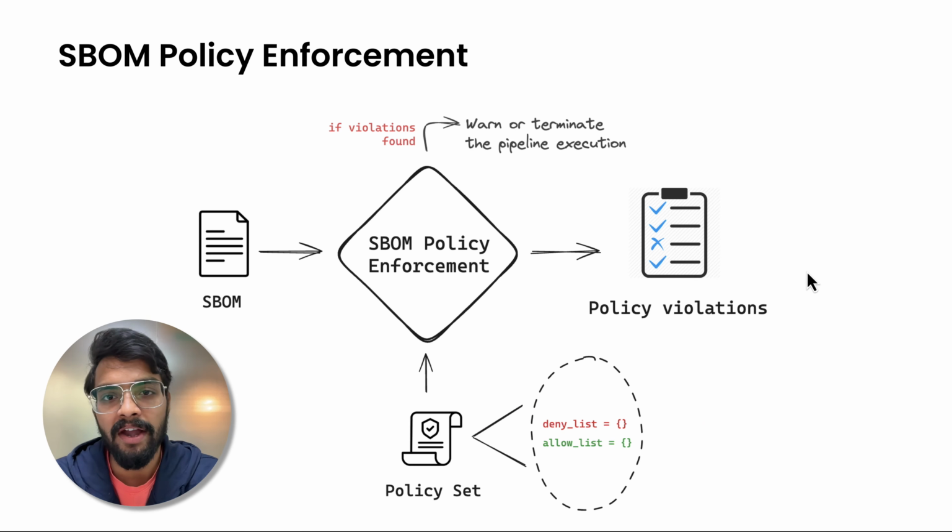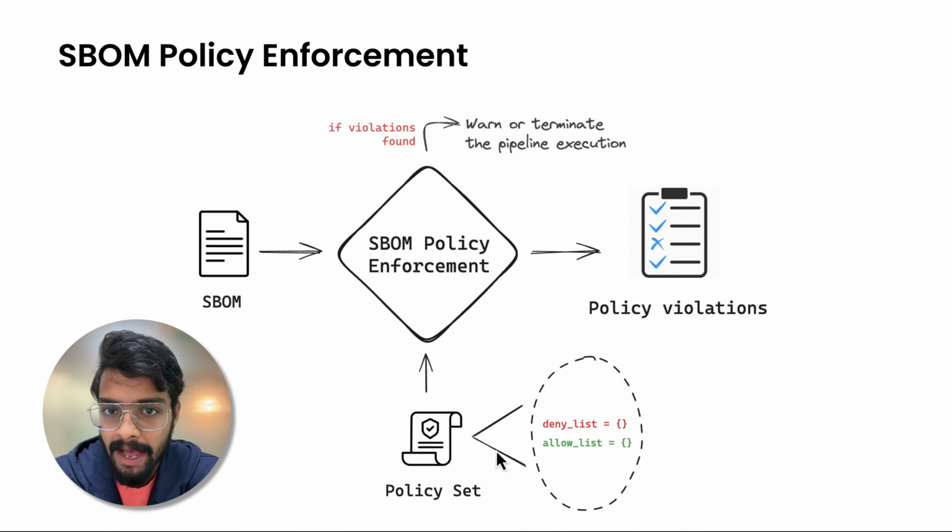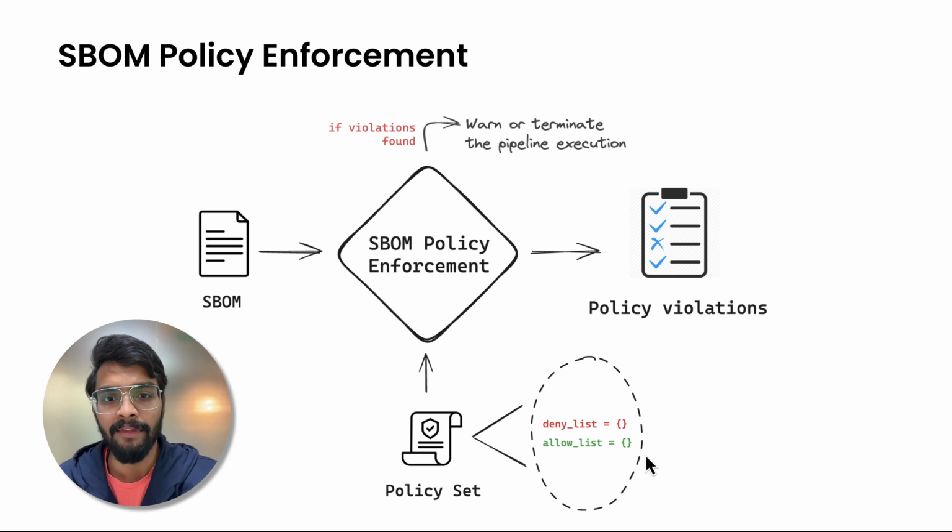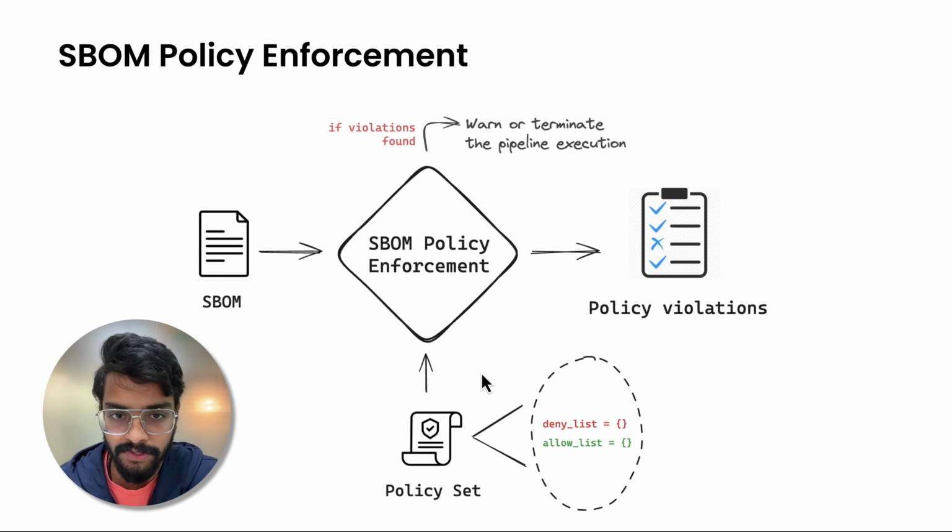So this is where Harness SCS comes with the SBOM policy enforcement feature. This is an OPA-based policy as code approach where you clearly define the rules with an allow list and a deny list using the Rego language, where the rules can include details about the components, whether you want to allow or deny them, their versions, including the licenses, supplier, Purl, etc. And then these rules comprising a policy set can then be enforced on the SBOM of your software.